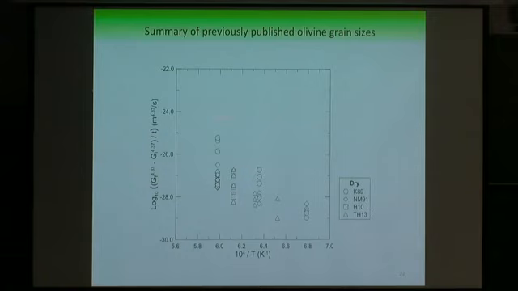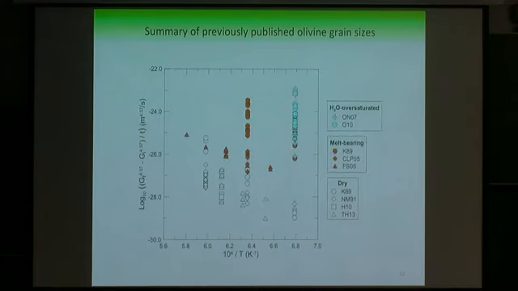So here, these data points are from the literature, where you can see the dry, so water-free grain growth. And if we plot the other samples from the literature, melt-bearing and water oversaturated conditions, you see that they show higher grain growth rates.